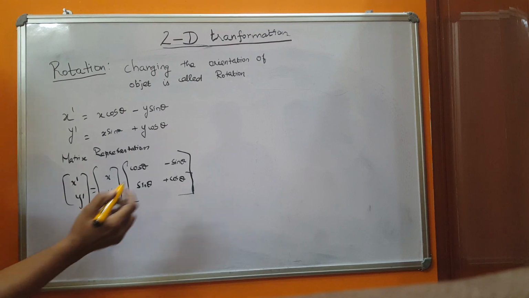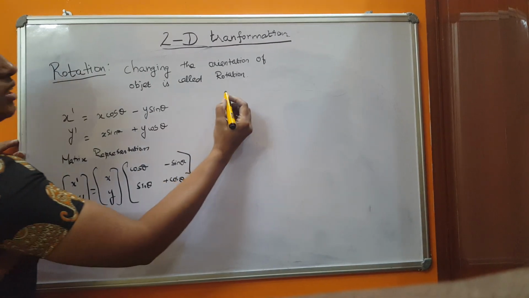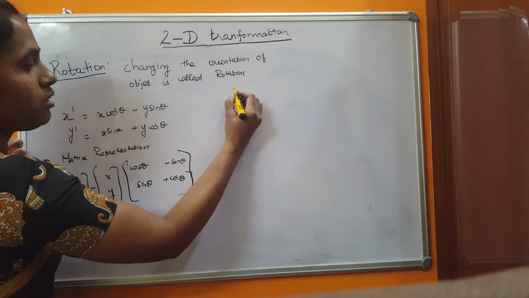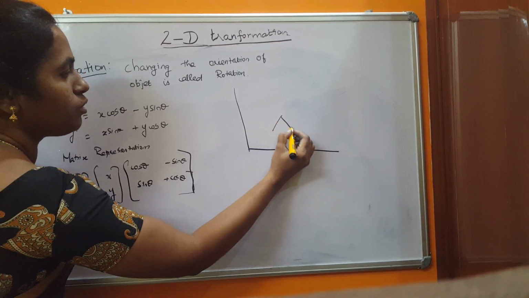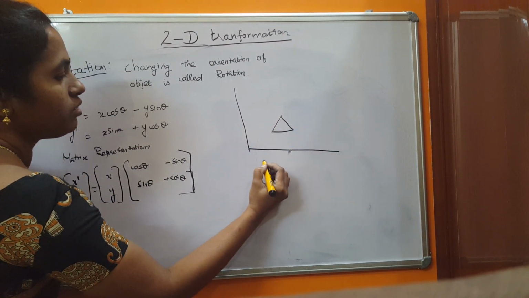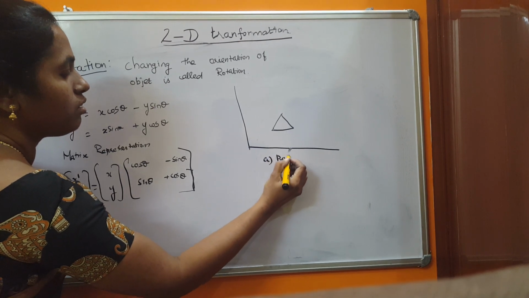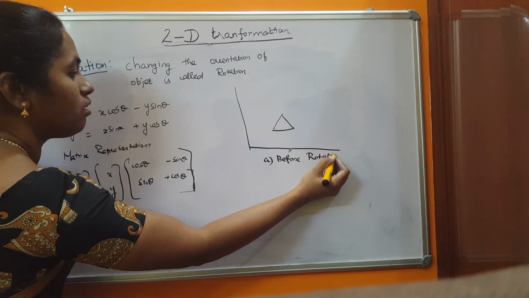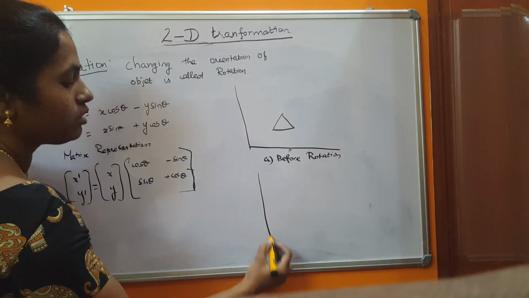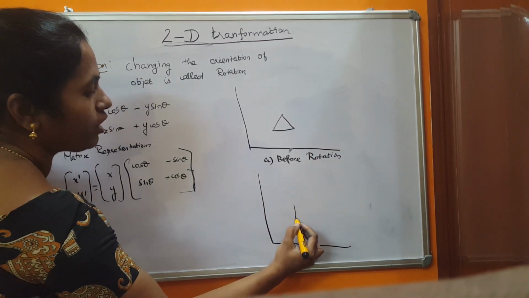In diagrammatic representation, the rotation is this picture is before rotation. This is after rotation.